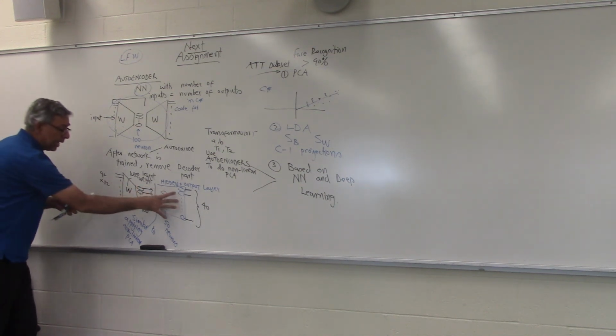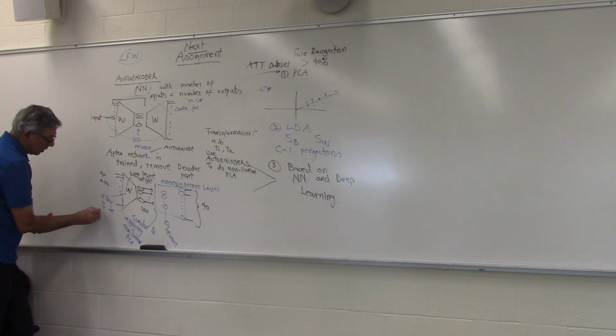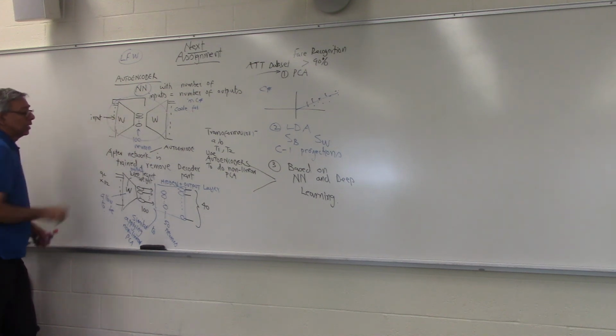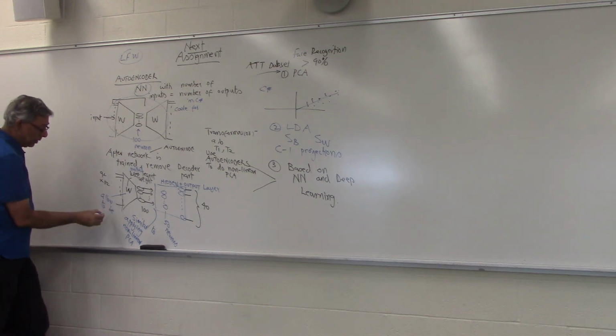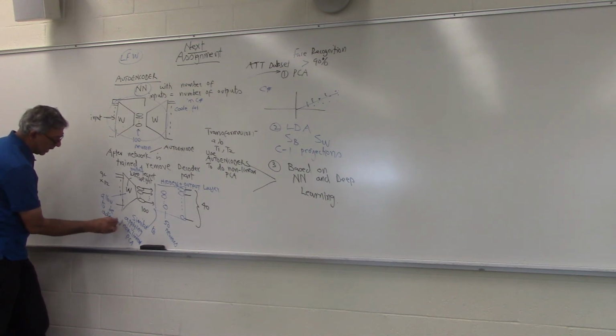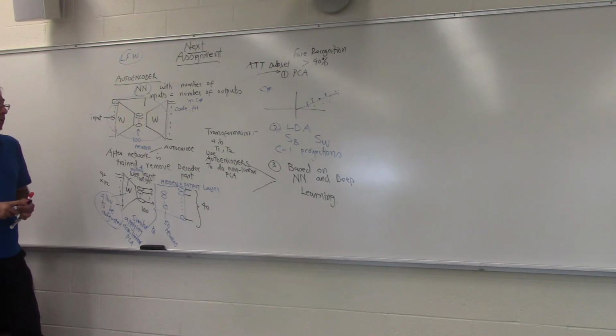Once we attach this, you allow these to be adjusted. Their initial weights are coming from training the autoencoder. Then we do a full back propagation so that we can adjust all of these.